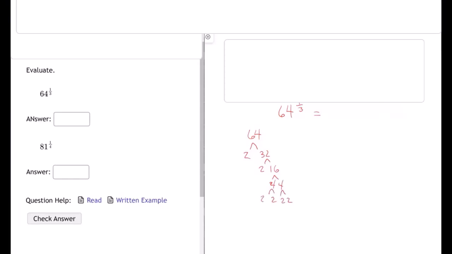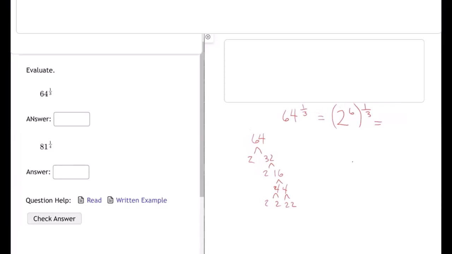I have 6 2's. I have 2 to the 6th power to the 1/3 power. And if you remember your exponent rules, base to a power to a power equals multiplication. This is equal to 6/3, which is equal to 2 squared, which is equal to 4.